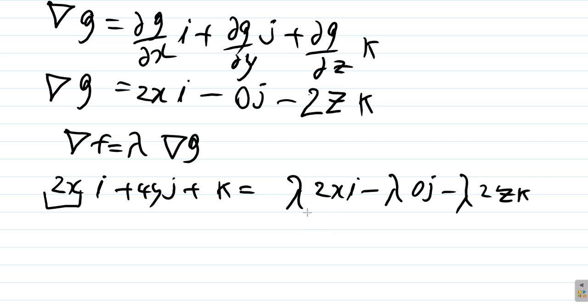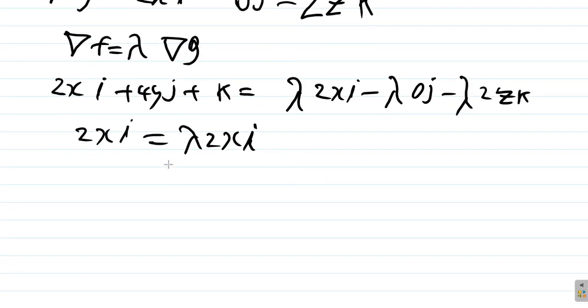Alright, so we equate the coefficients. Well, you could, if you want, write 2xi is equal to lambda 2xi, but the i's will cancel out later on anyway.